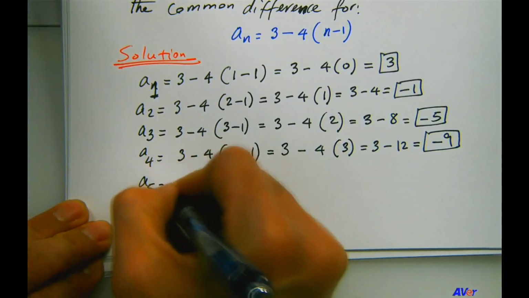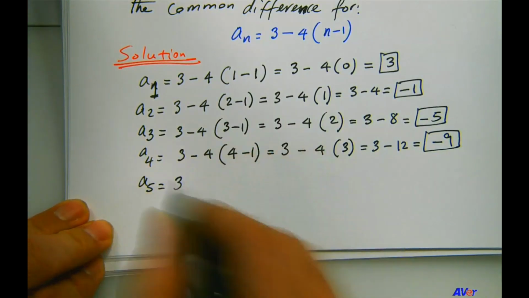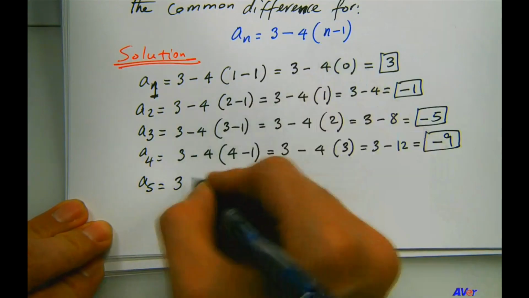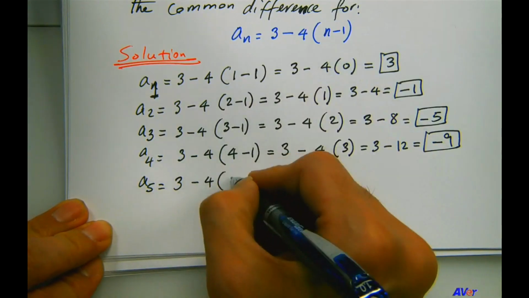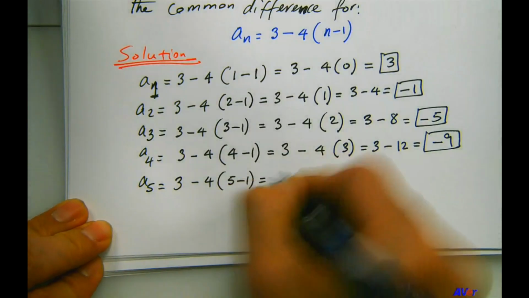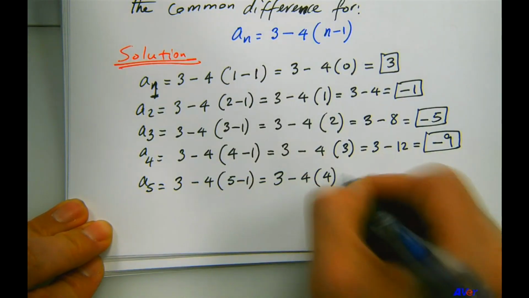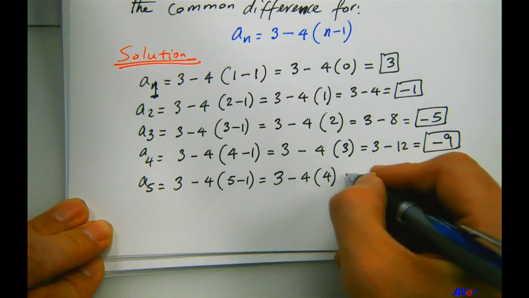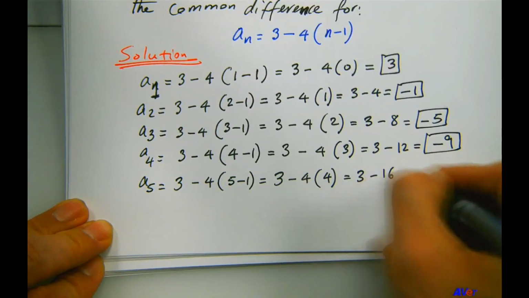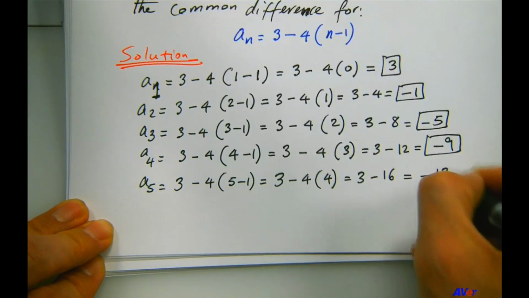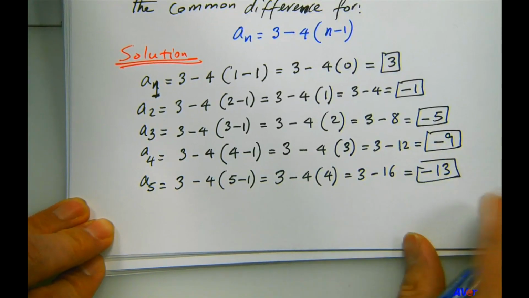So a5 is equal to 3 minus 4 times (5 minus 1) equals 3 minus 4 times 4, right? 5 minus 1 is 4. 3 minus 16, and this will be minus 13.